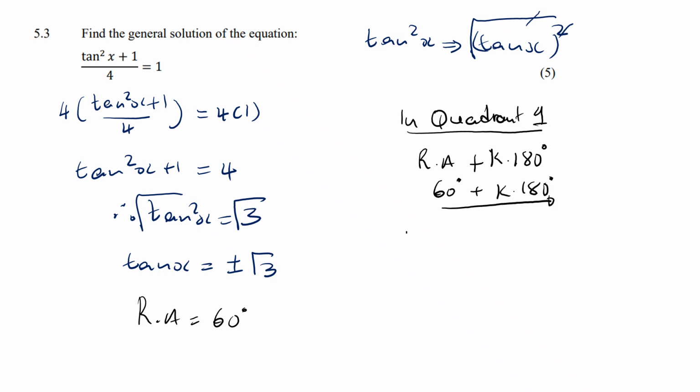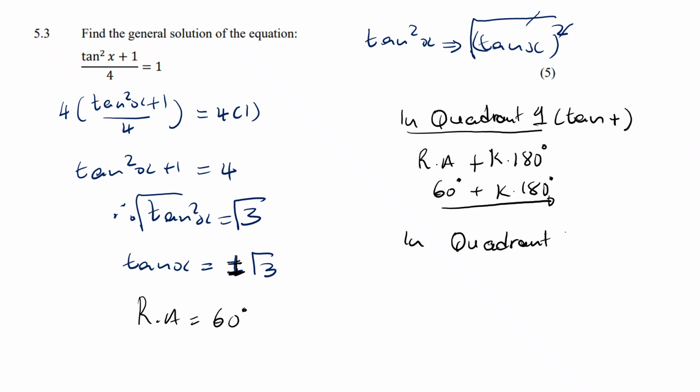Then I want to do the quadrant where tan is negative. We just need two quadrants, one where tan is positive, the other where tan is negative. I've already done quadrant 1, where tan is positive.